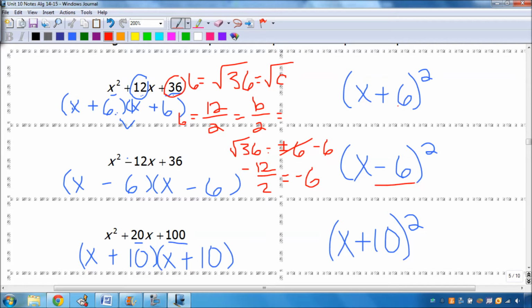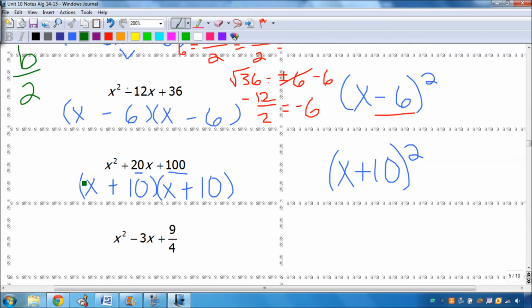So again, in summary, the most important thing that you need to do is square root the c or divide the b in half, okay? So let's take a look at the next example right here. So I could either square root the c, so I could take 9 over 4 and square root it, and I would end up getting 3 over 2, right?